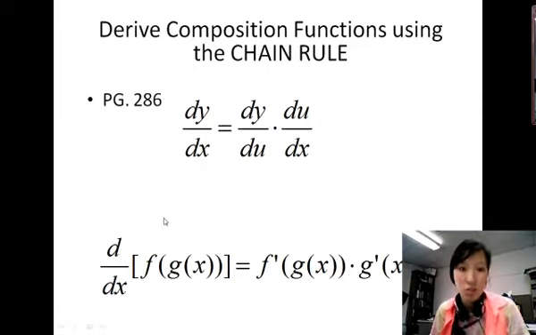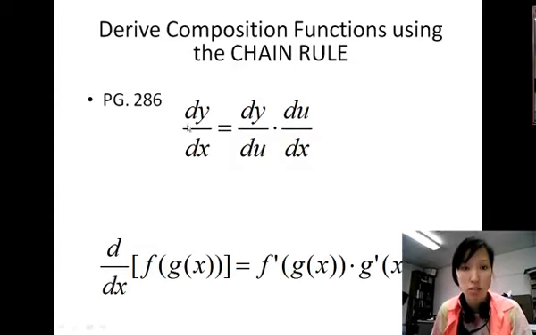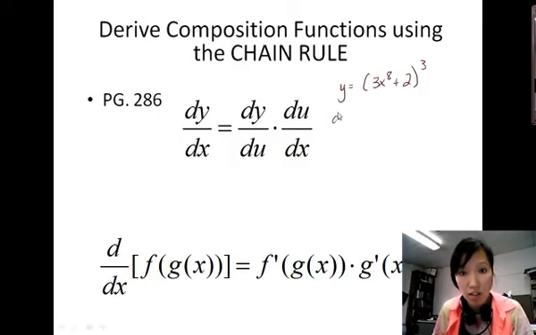So that brings us to how to derive a composition function, and what we do is we use the chain rule. So I'm going to go ahead and notate the equation that we were just working with, 3x to the 8th plus 2 all to the third, as this. Okay, so y equals this, and in order to derive it, in English, you're going to derive this outer function with respect to u, and then you're going to multiply by the derivative of u with respect to x.